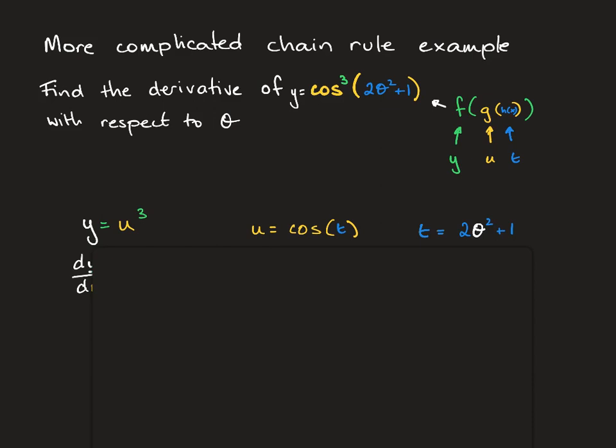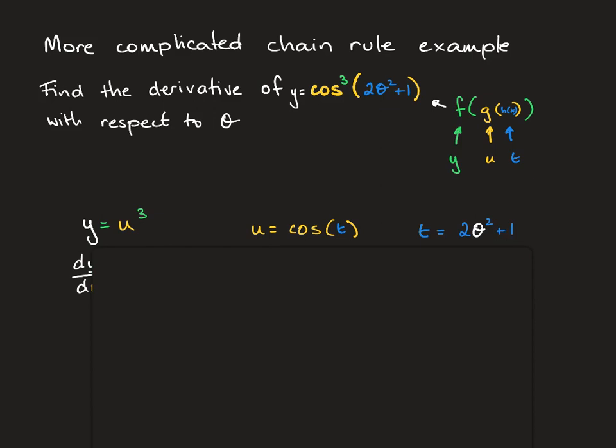And so what we do with our chain rule, same as before, we make our outer function y be a function of u, our inner function, and within our inner function we've also got a t. And so we can rewrite our original equation as y is equal to u cubed, because our u is cos of the little blue bit inside that we've labelled as t, and t is 2 theta squared plus 1.